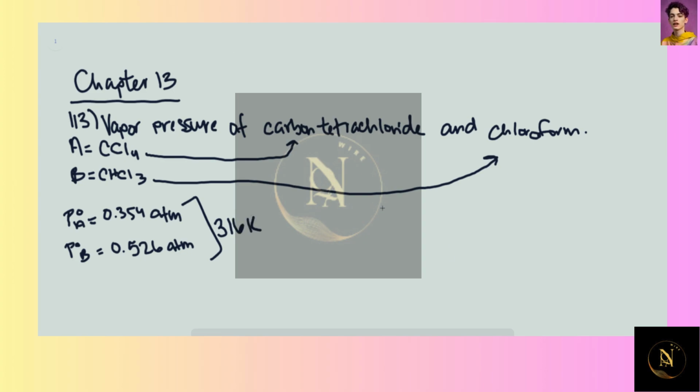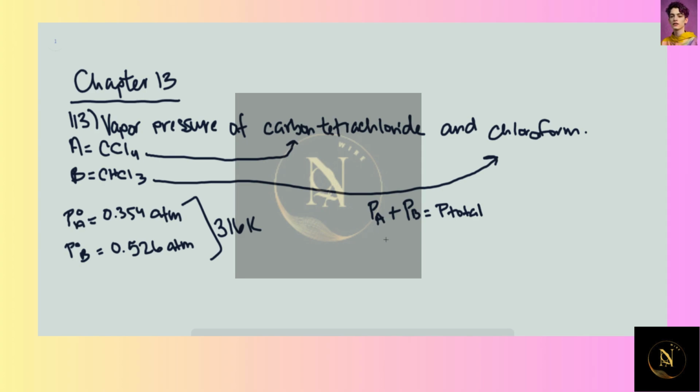Given these two bits of information, we know from this section in the textbook that partial pressures of volatile liquids such as carbon tetrachloride and chloroform can be figured out independently and then added together to give you the total vapor pressure above a solution that's a mixture of the two.